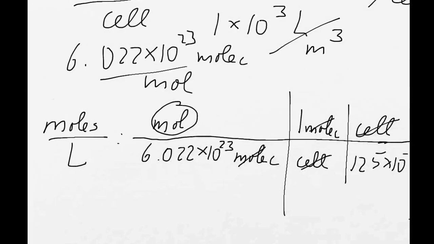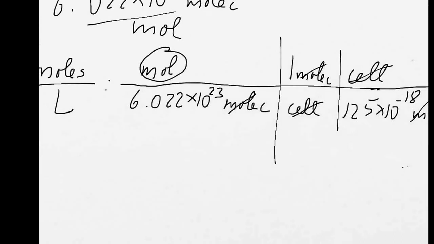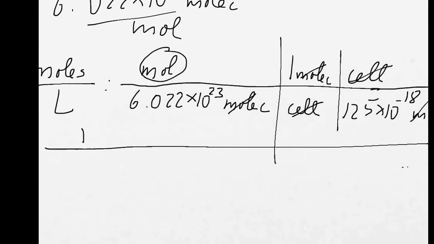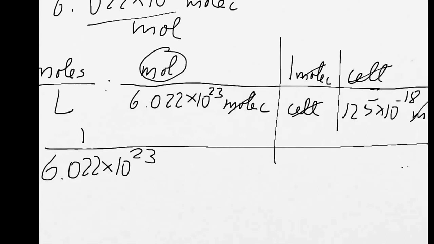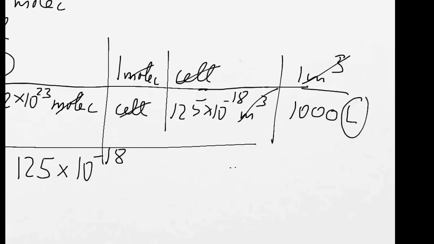So all we need to do is, we have 1 divided by 6.022 times 10 to the 23 times 125 times 10 to the minus 18 times 1,000. And the unit would be mole per liter.